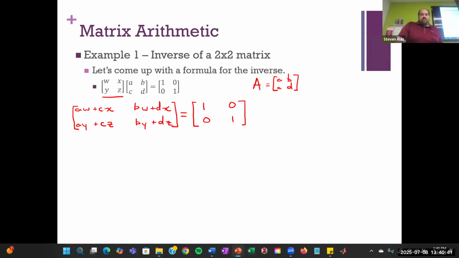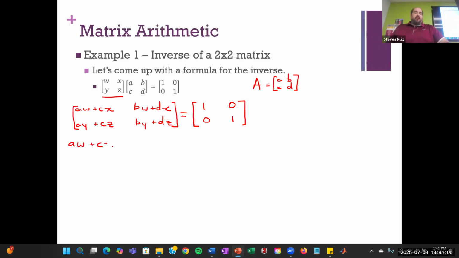So how can I make these matrices equal? Or what would actually make them equal? Yep. So all four corresponding pairs of entries need to match up.